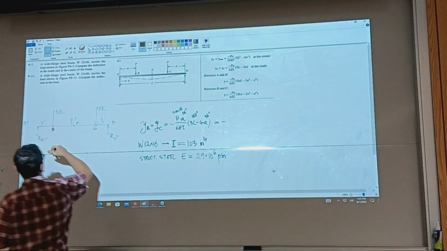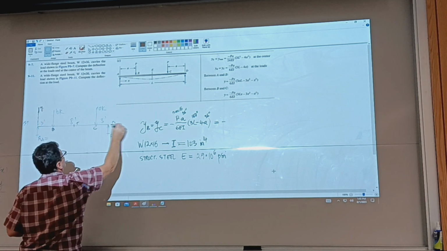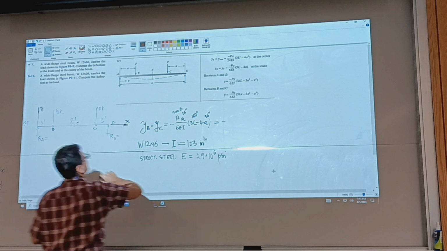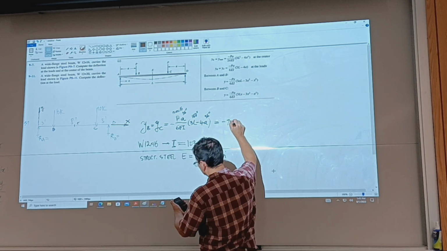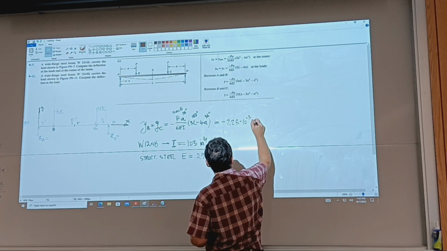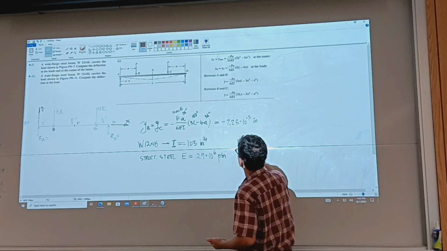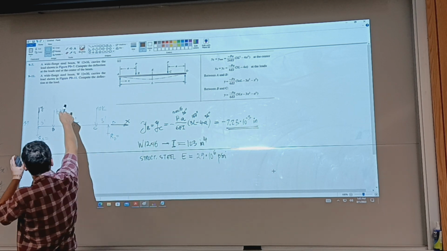Y is considered positive up. So this is Y, and this is X. Our Y is negative 7.23 times 10 to negative 3 inches. This is the answer for deflection of the loads.